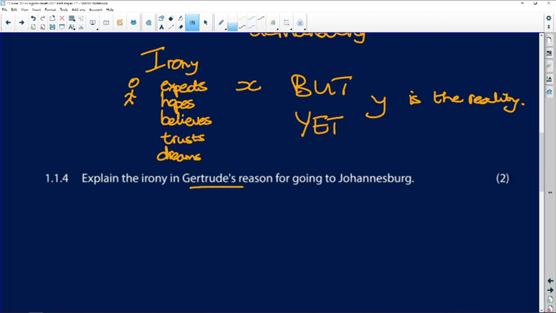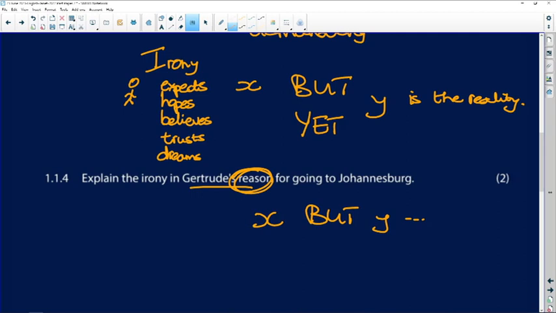Please, I want you to use this kind of pattern when you are answering an irony question. So you say Gertrude's reason, her reason is X, but Y actually happens. So you've got to do the expectation, but.